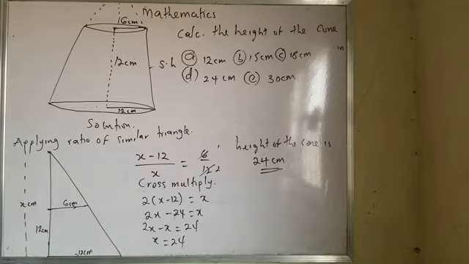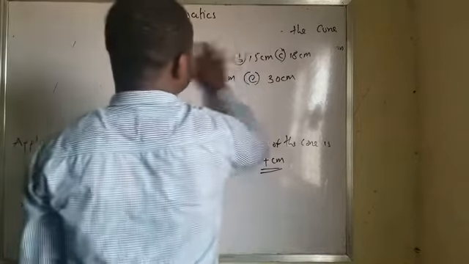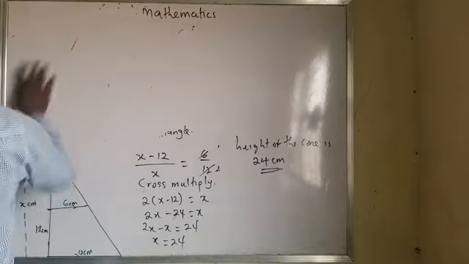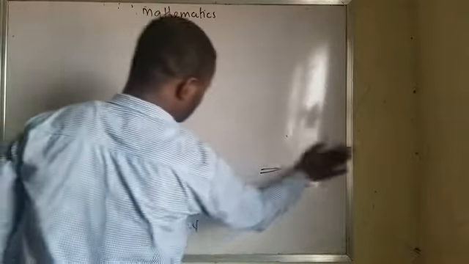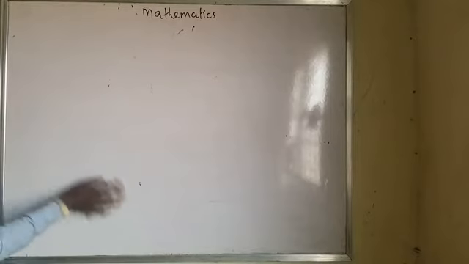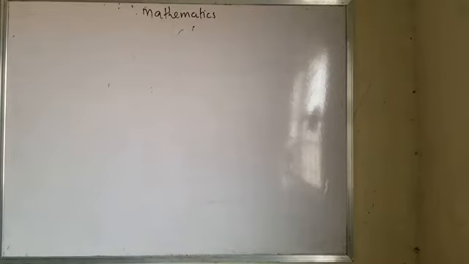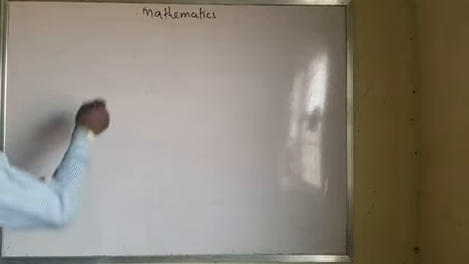Now, can you see? Before I end this part, let me try to explain one or two things on volume of frustum. It's very, very simple. When we talk about volume of frustum, you should understand some things.